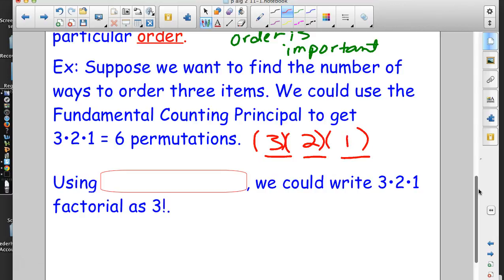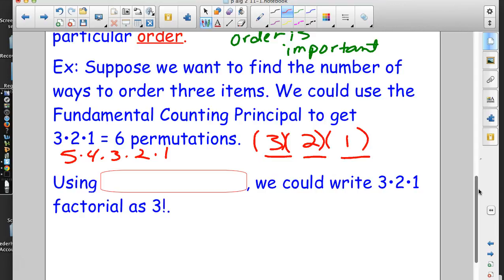So a permutation is basically just a way to use the fundamental counting principle and make things go a little faster. Here's why. When you're ordering all of the items, what you're really doing is creating a situation called factorial. Factorial happens when we have to take like 5 times 4 times 3 times 2 times 1. When you want to multiply a number and all of the consecutive integers below it down to 1, that's factorial.